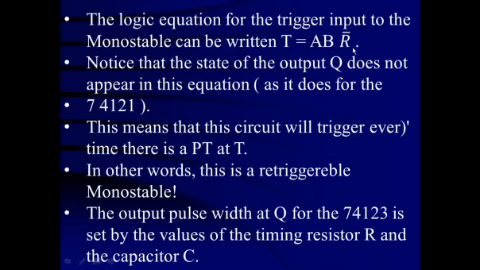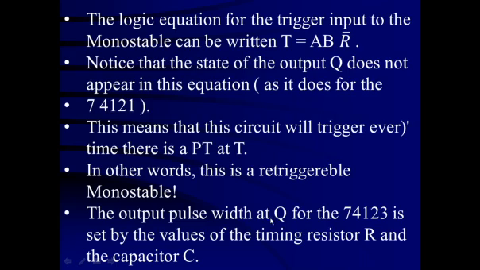That means the output may be in a stable or unstable state, and whenever this condition occurs, the circuit is triggered. So it can be re-triggered also. This means the circuit will trigger every time a positive transition occurs from this condition. In other words, this is a re-triggerable monostable.